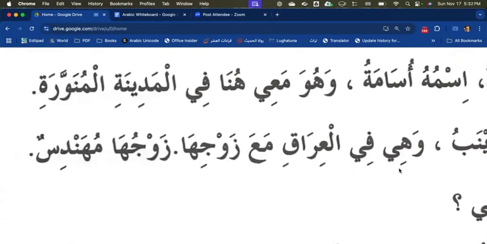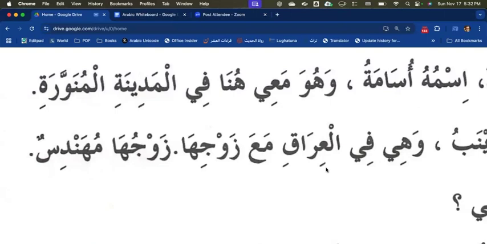وهي في العراق مع زوجها. زوجها مهندس. And she is in Iraq, the country. مع زوجها.